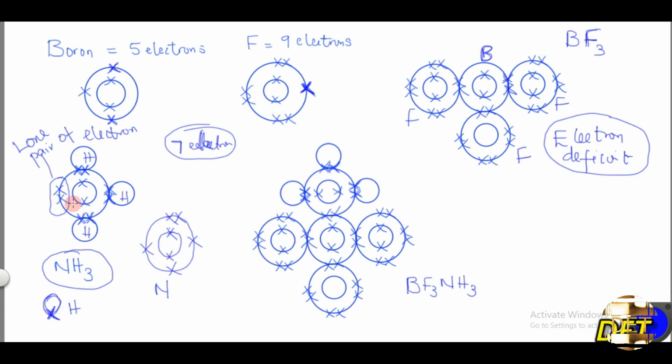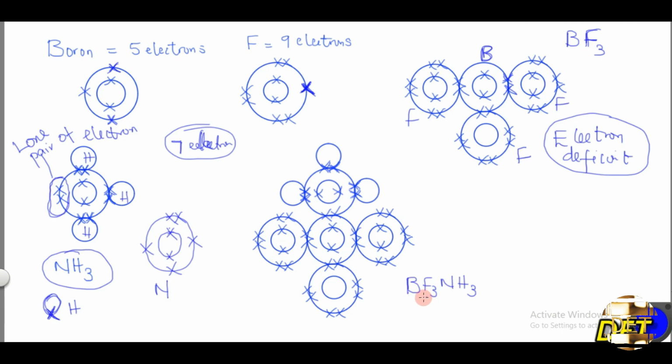So when this ammonia then reacts with boron trifluoride, this ammonia will come here and share this lone pair of electrons. This electron pair that is alone, it will share with the boron trifluoride in this space, right? So this is the boron trifluoride. You can see this space here, no electron. So the ammonia that is electron sufficient will come here and bond with this compound to form this compound, right?